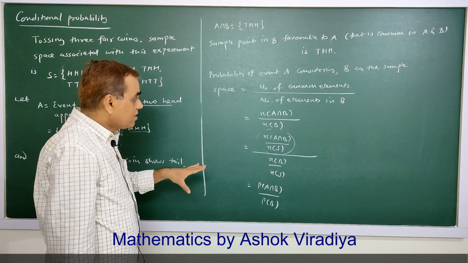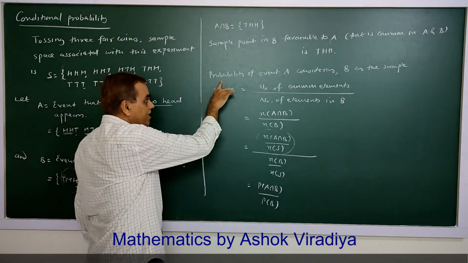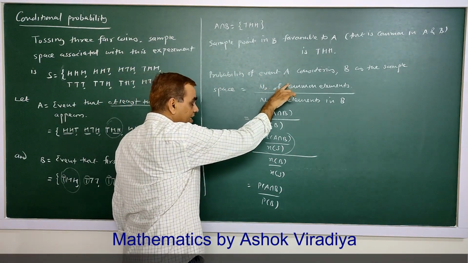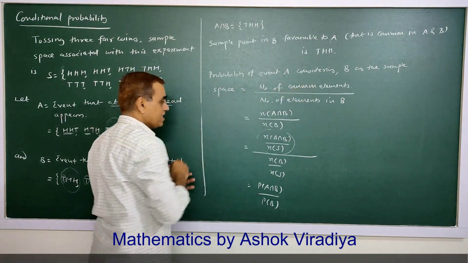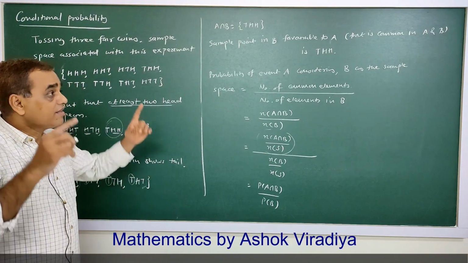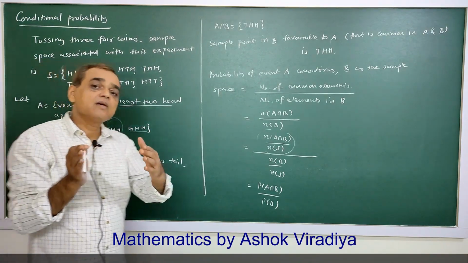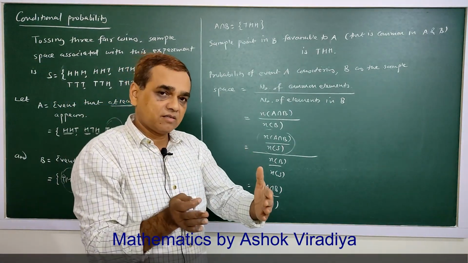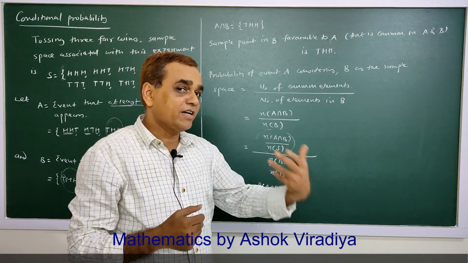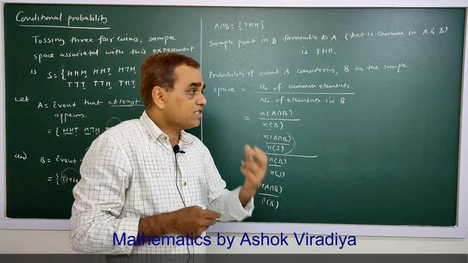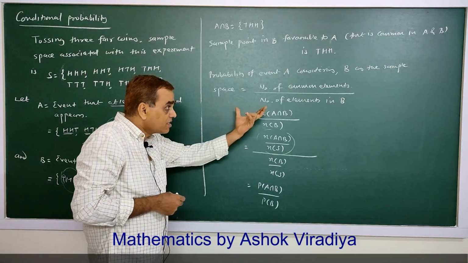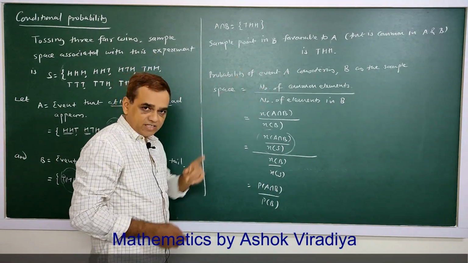So here, probability of event A considering B as a sample space means that B has occurred. Here we have taken the condition that event B has occurred. So first B occurs. If B occurs, what is the probability of A?